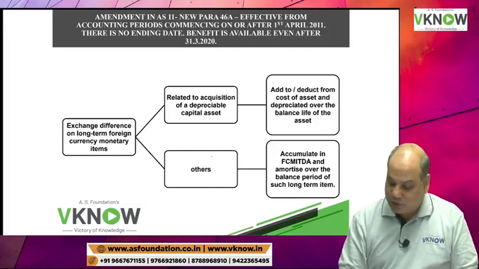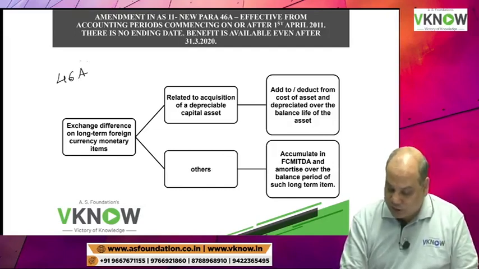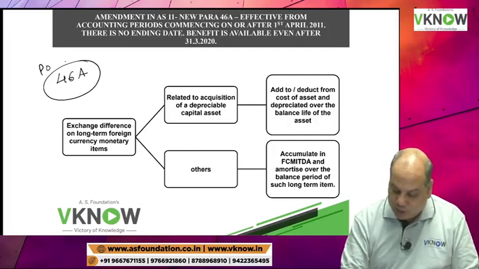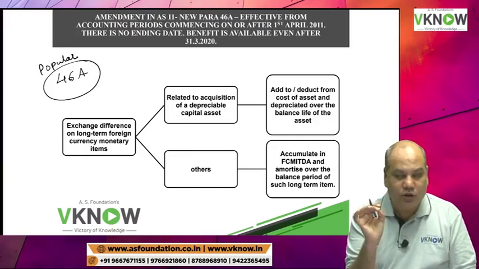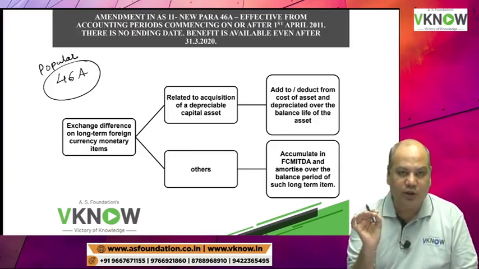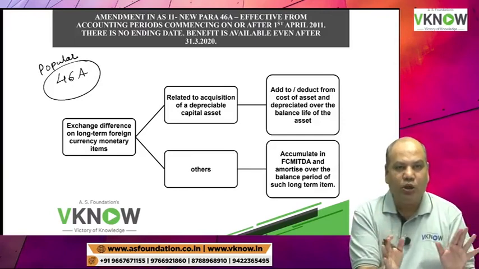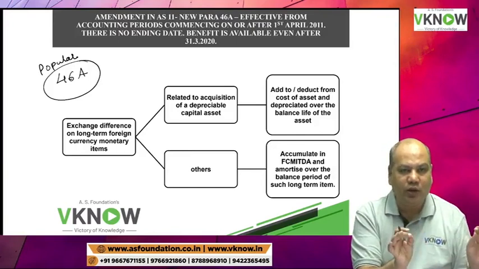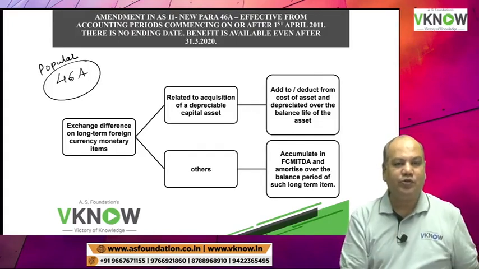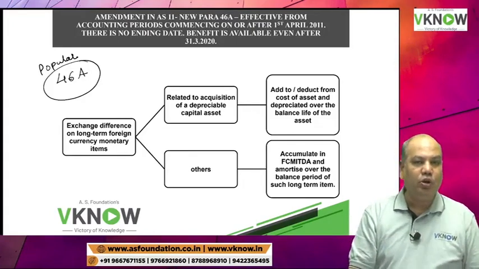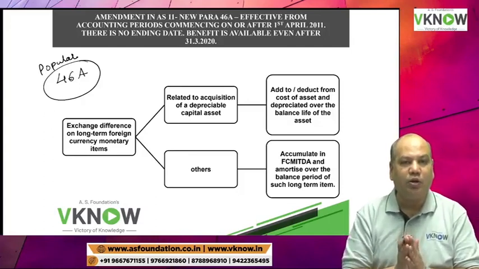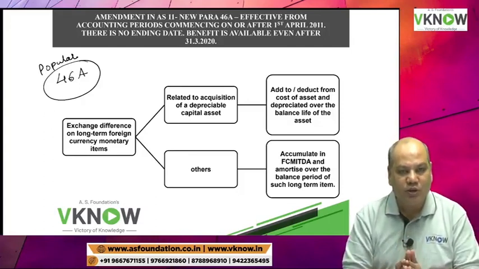The permanent feature is given in para 46A, a very popular paragraph. This para 46A gives an option to the entity. Either you do the normal accounting under AS-11 and transfer the exchange difference to the P&L account, or you can take the shelter of 46A.